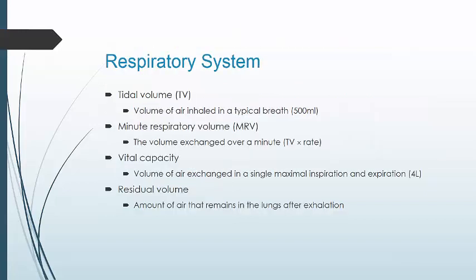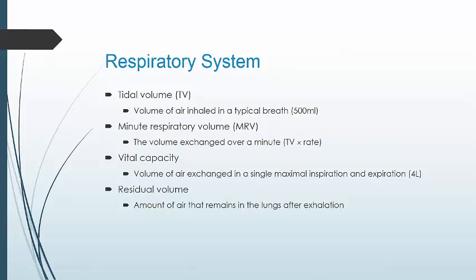A couple other things you just need to be familiar with as far as the respiratory system. Tidal volume. We know this is the volume of air that's typically inhaled in a breath, and this is approximately 500 milliliters. Now granted, this is for an adult. We also want to remember dead space, which is approximately 150 milliliters for everybody, and that's pretty standard.